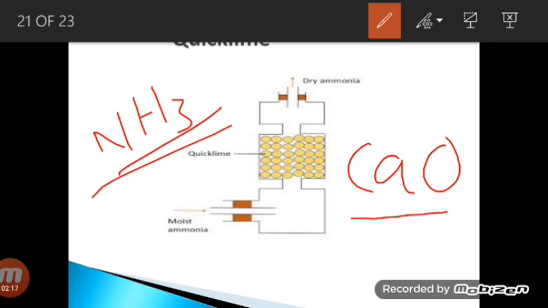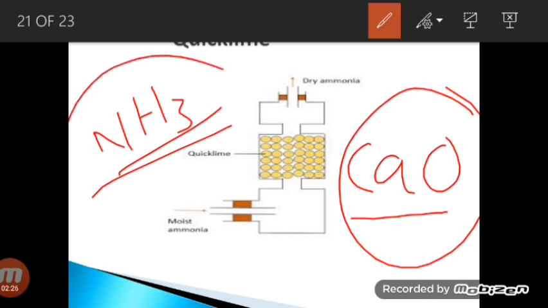Because calcium oxide is basic in nature. It is a basic compound, you can also say it's an alkali. Ammonia also has those properties, it is basic in nature, so both of them will not react. That's why we use calcium oxide or lime to dry ammonia.